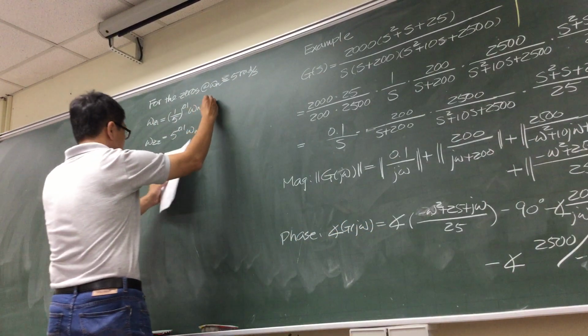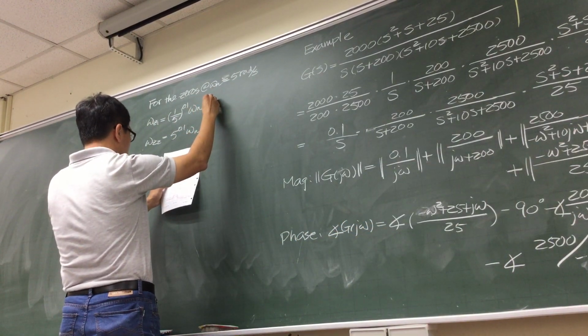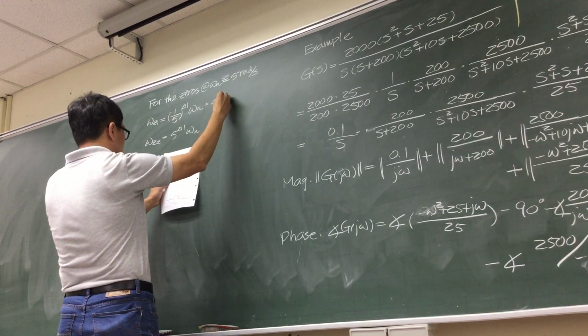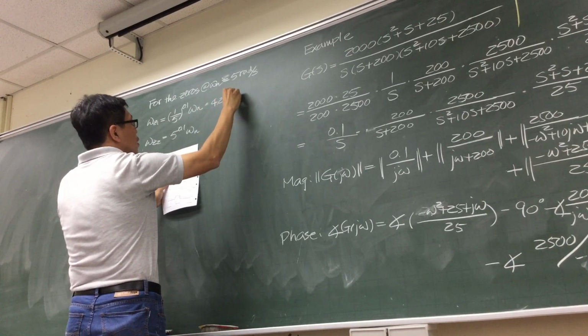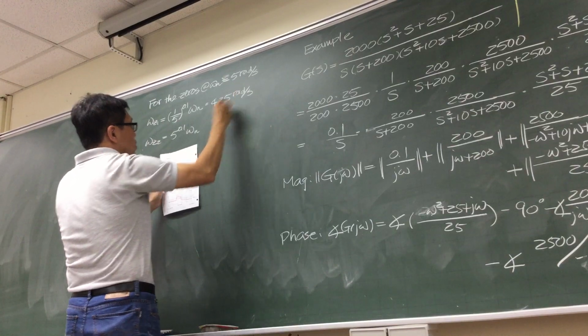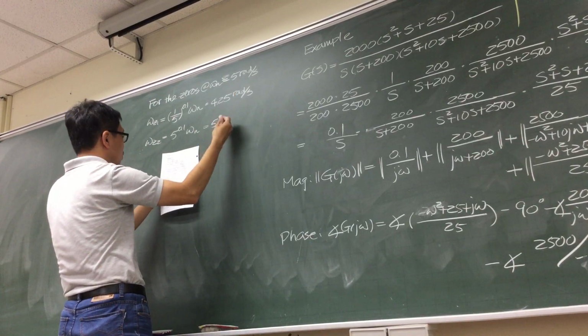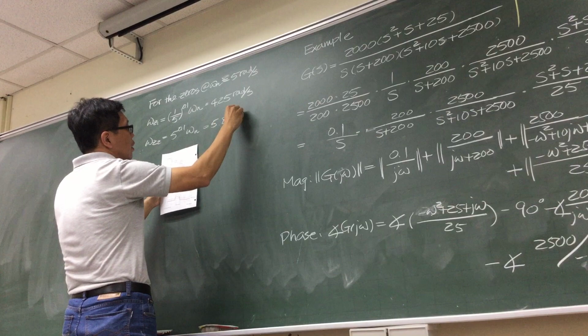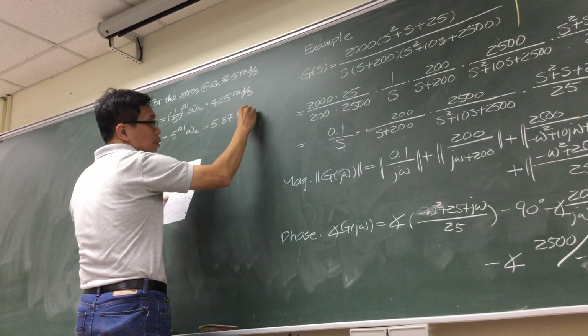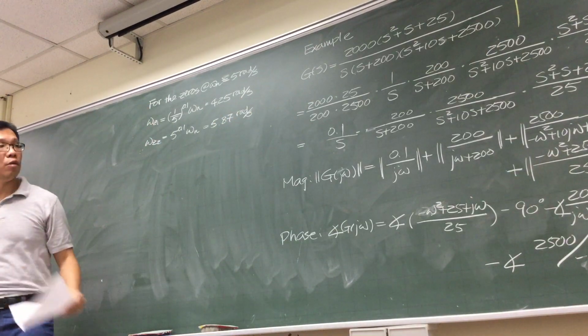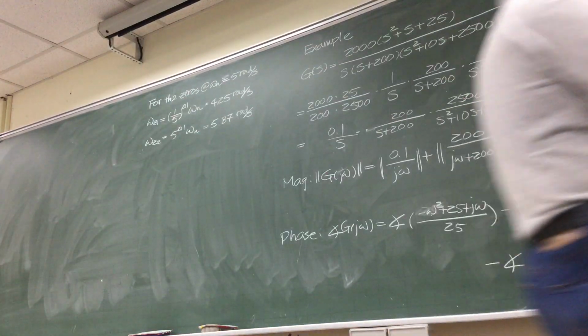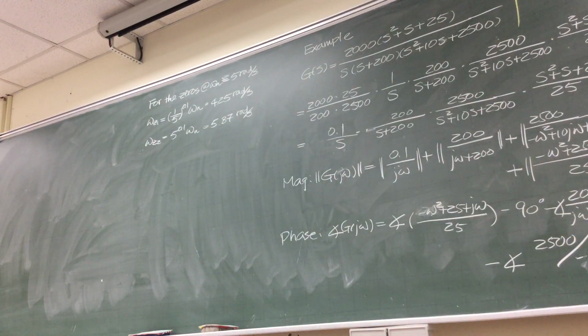This part gives you 4.25 radians per second, and this one gives you 5.87 radians per second. I used white, so I have about 4.25 over here and 5.87 around here.